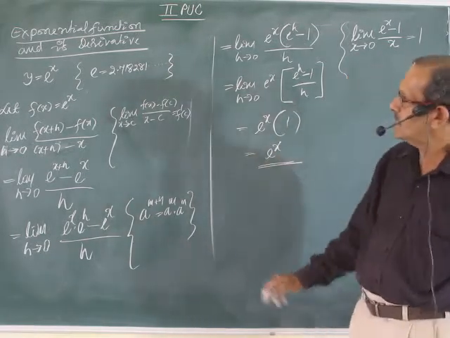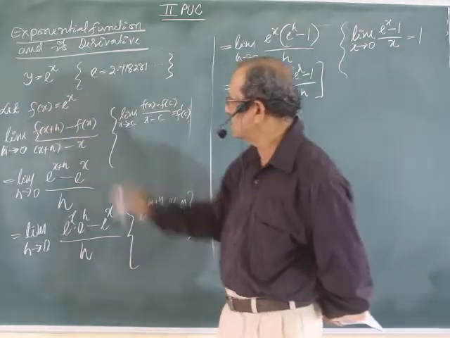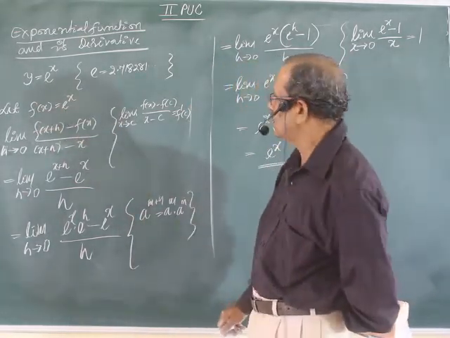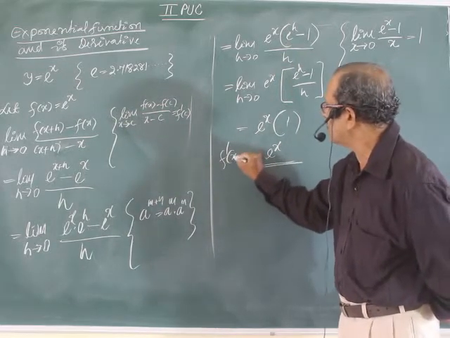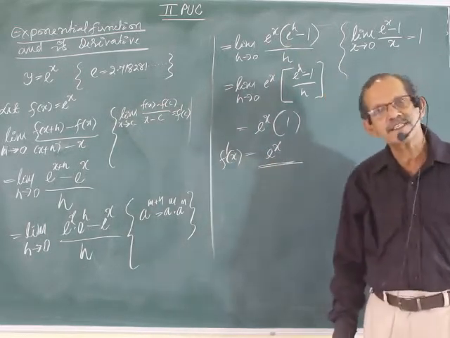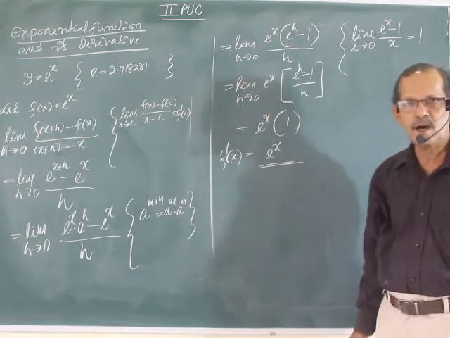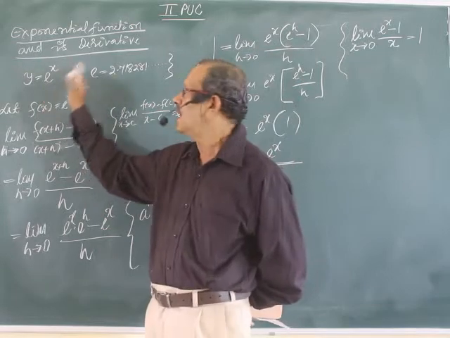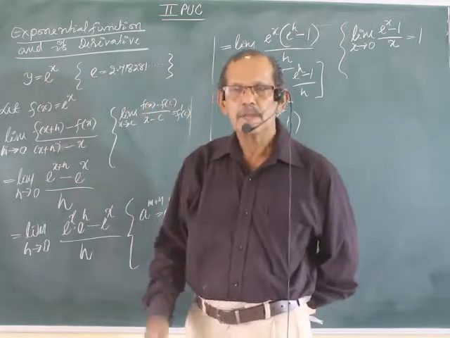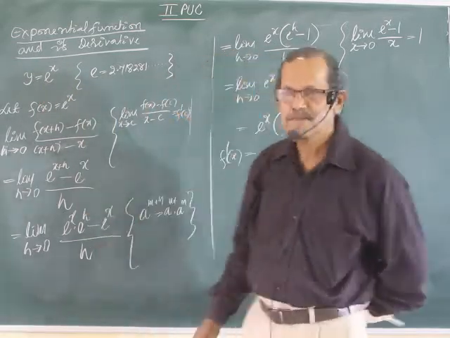So what we got? Derivative of the function f of x is e to the power x itself. F dash of x is e to the power x itself. There is no change at all. But don't say it is a constant, it is not a constant. It is an exponential function, x is there, but the derivative is the same.